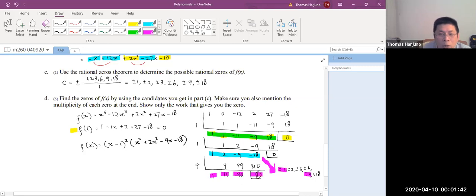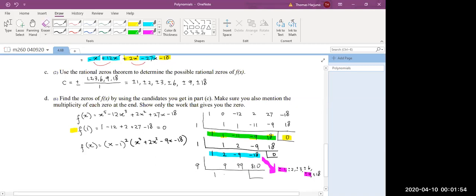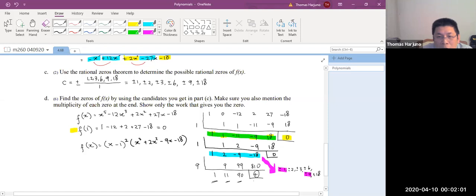Now, what if all the entries are positive? It means there is no more 0 to the right of 9. Because the entries here, here, here, here are all positive, it means you can eliminate all candidates greater than 9.